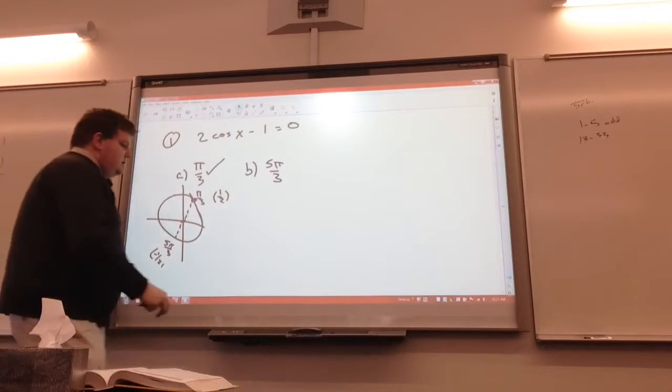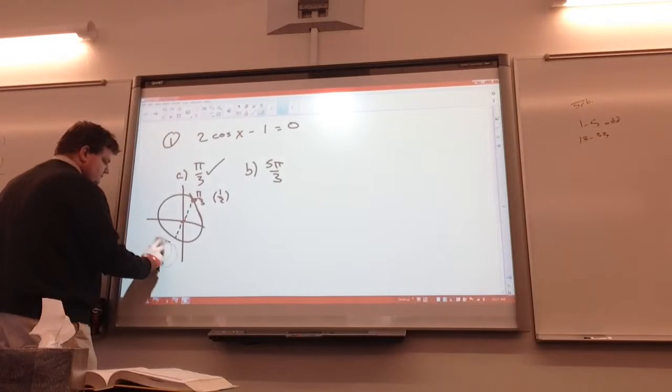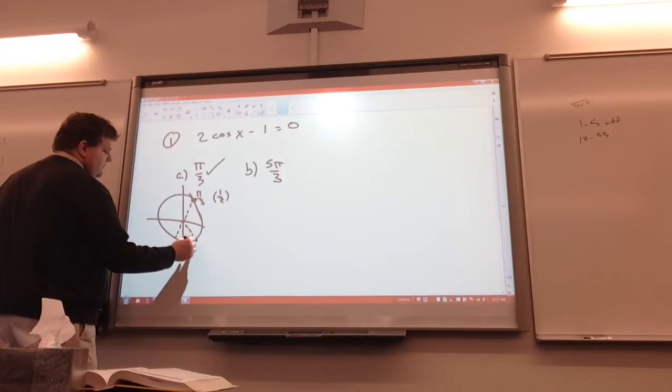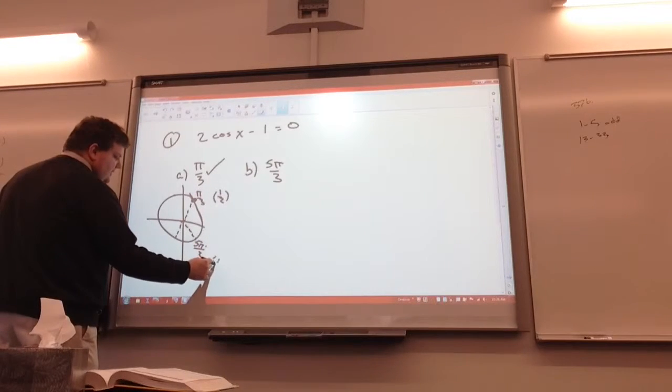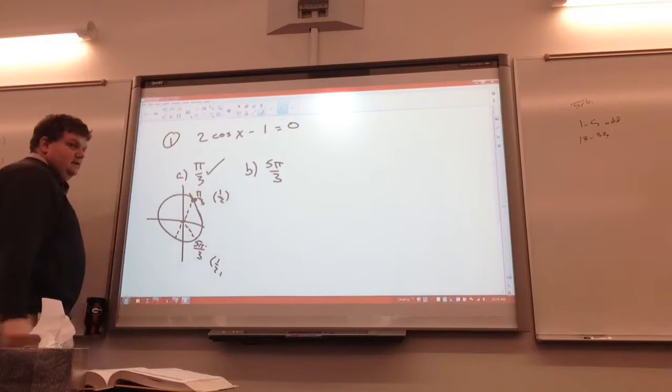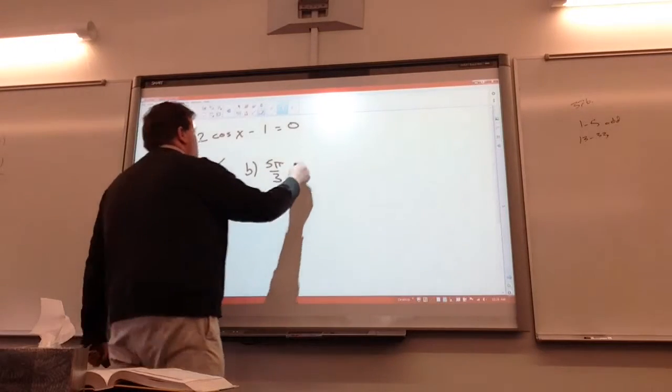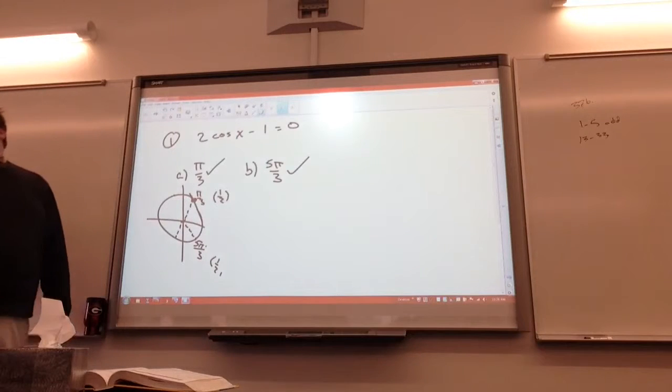Right, thank you. Here's where 5 pi over 3 is. And what's the x-coordinate at 5 pi over 3? Positive 1/2. So does it work? Yes.